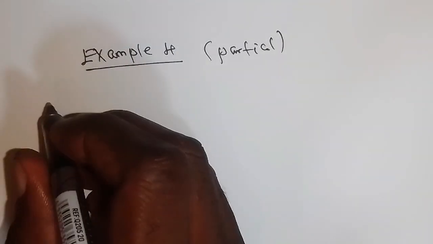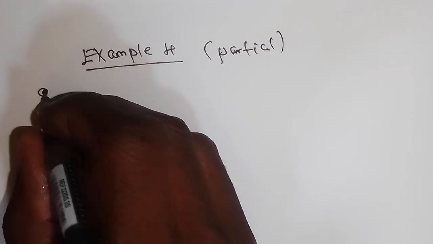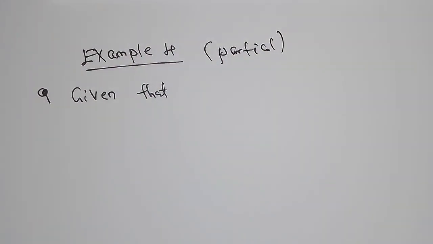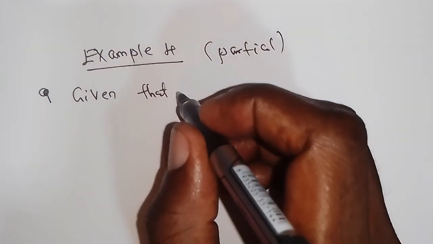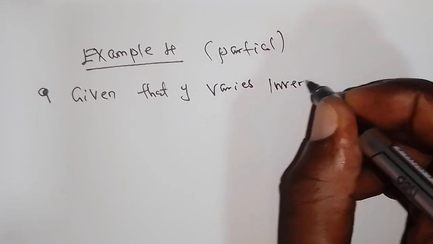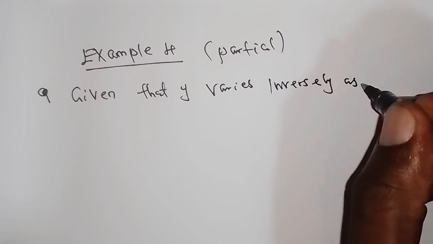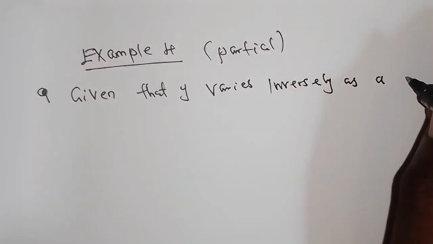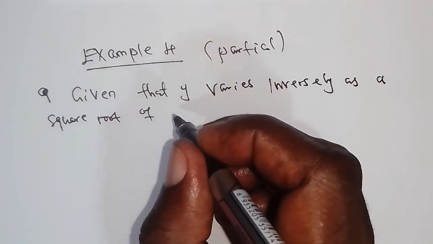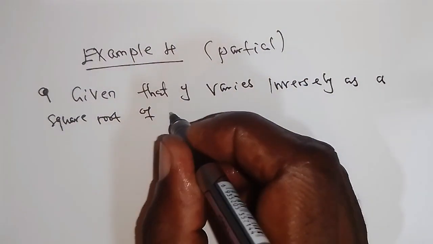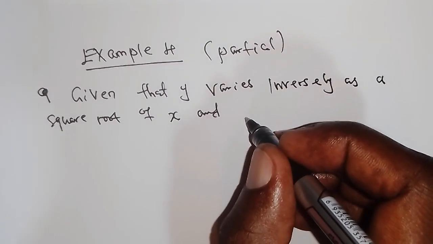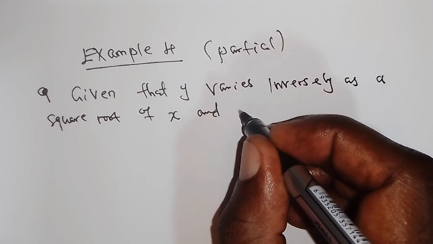Under partial variation, we have an example which says: given that y varies inversely as the square root of x and also the values for z.